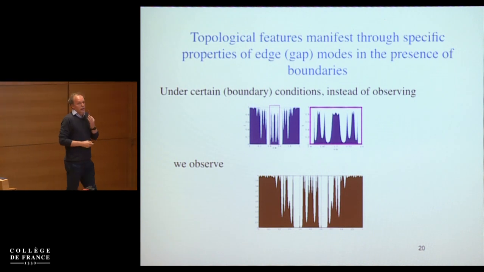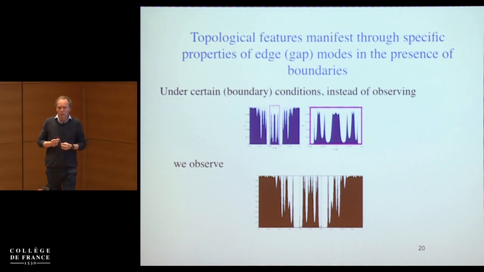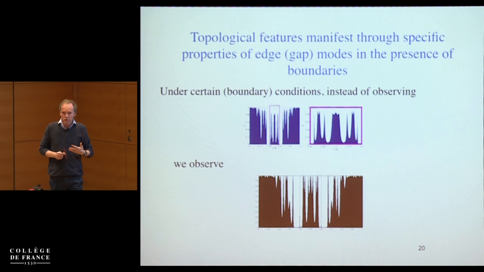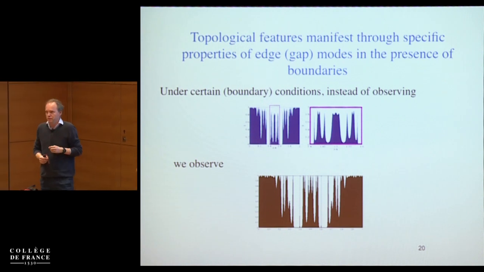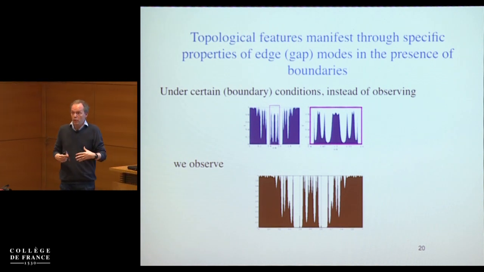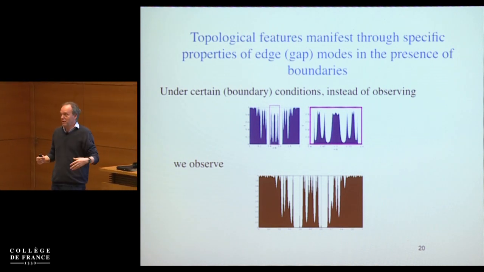Okay, so now another thing that we know is that those topological features, as we saw for the Fibonacci chain, are obtained for the infinite system. They are bulk contributions, right?